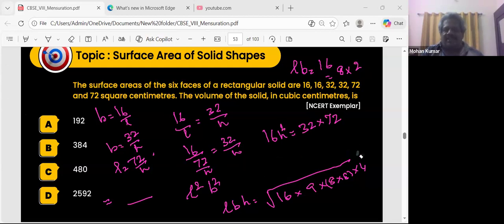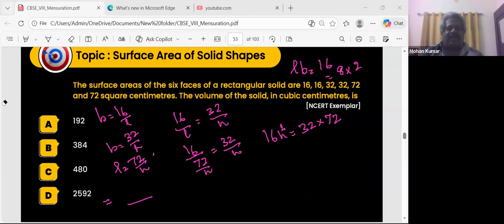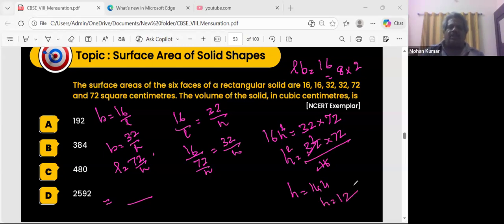Okay. Now again, we will come to that answer. So H square equals 32 into 72 by 16. We have 144, so H equals 12. So we got the value of H, which is 12.